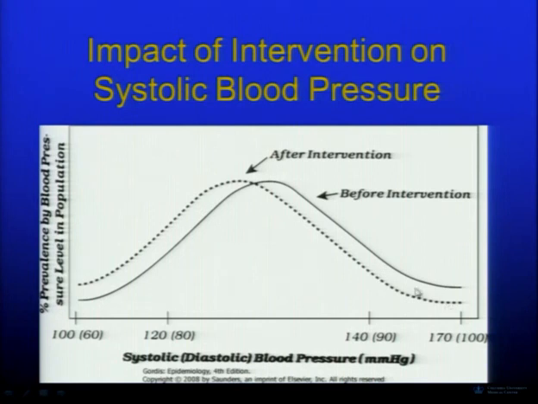You're not going to stop people from getting hypertension, but if you can at least bring all of their blood pressures down by an increment. And this was the purpose of programs like reducing salt consumption and things like that, that are still controversial. But the concept there was if we can minimize the salt consumption of the United States, that maybe we could have this kind of effect, that the whole distribution shifts this way.